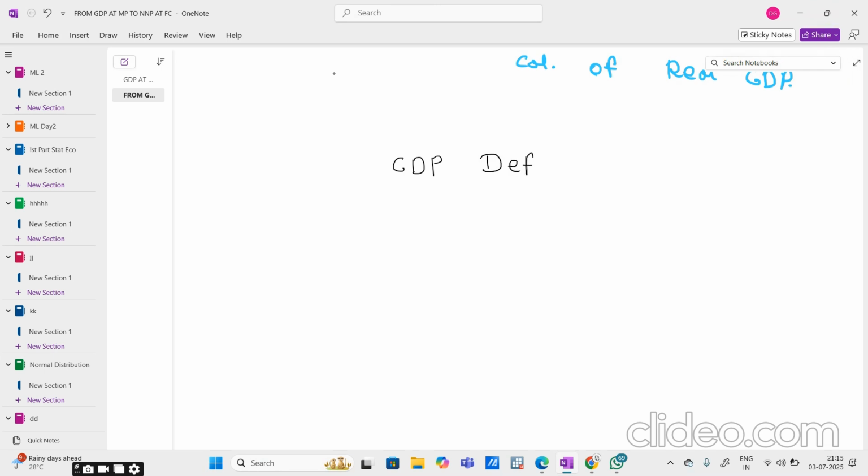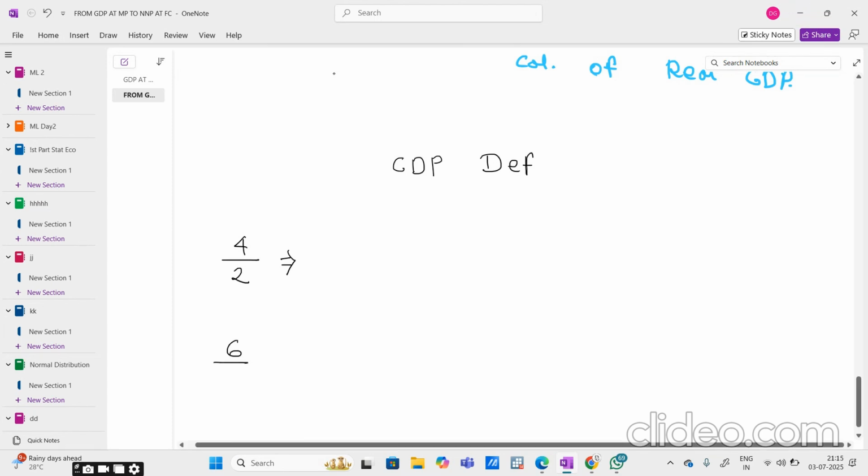Before explaining GDP deflator, let me write 4/2 for you. Can anyone tell me what 4 by 2 signifies? Or what 6 by 3 or 6 by 2 signifies?